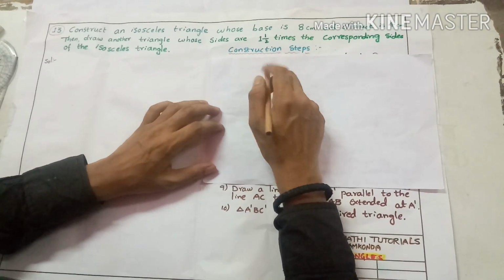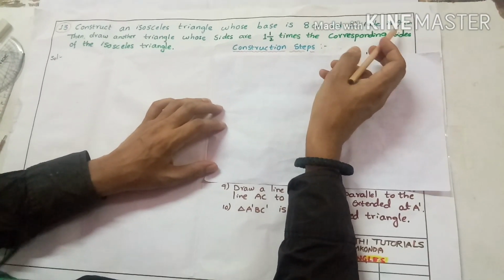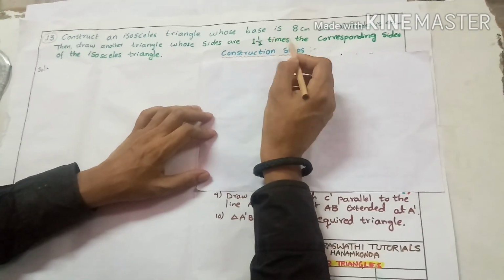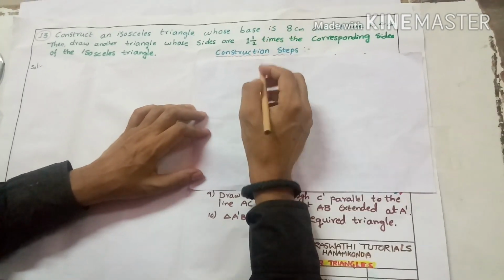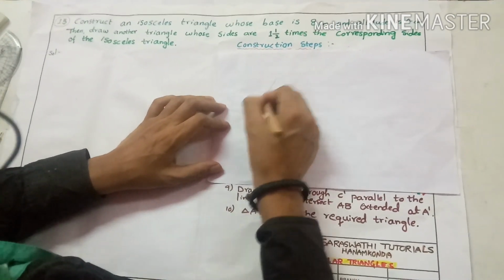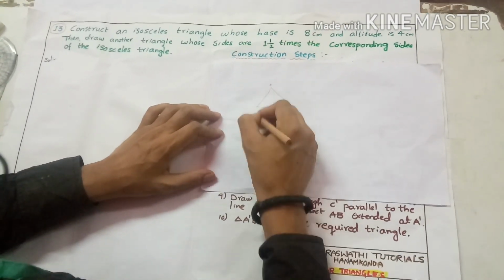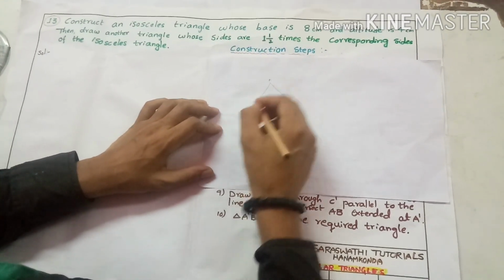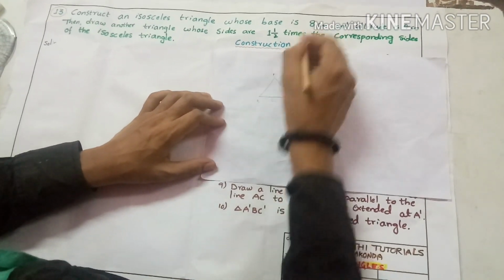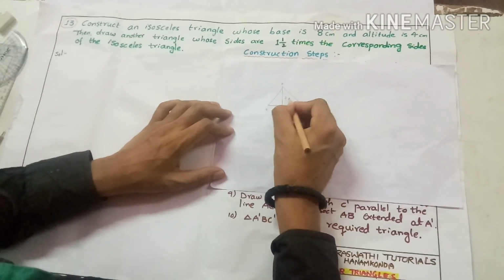The next question is: construct an isosceles triangle whose base is 8 centimeters and altitude is 4 centimeters. Then draw another triangle whose sides are 1/2 times the corresponding sides of the isosceles triangle. First, draw an isosceles triangle ABC with the given dimensions: BC is the base of 8 centimeters and the altitude is 4 centimeters.